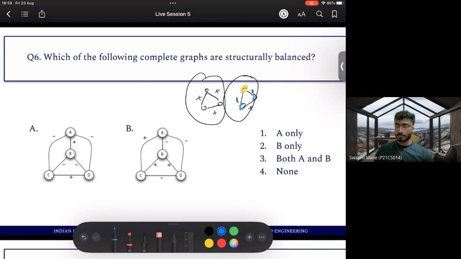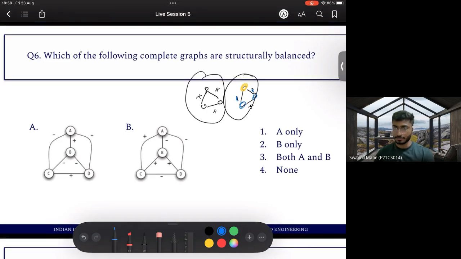Because of that, the relationship between those users becomes positive, a good friendship. So this is a stable network. Apart from these, the other networks are unstable. Please analyze that. Considering these two stable networks, which network in option A and option B of the complete graph is structurally balanced or stable?